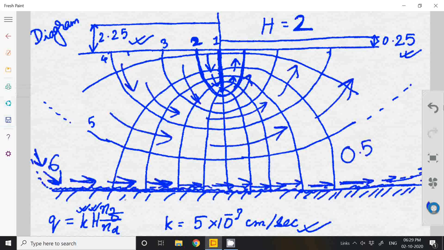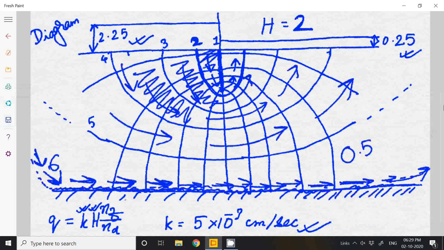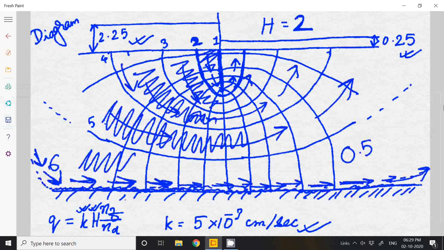Already we have the first flow channel, this one is the second, this one is the third, this one is the fourth flow channel, and this one will be the fifth flow channel.